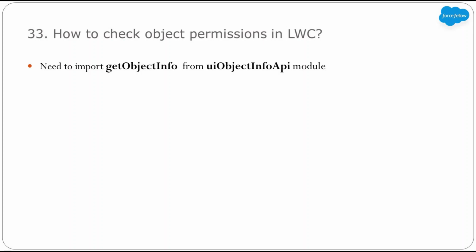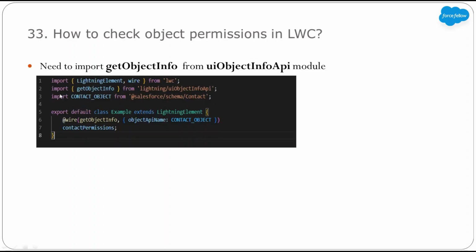We need to import getObjectInfo from the uiObjectInfoApi module. With this imported method, we will get everything related to that object. In this image, on line number 2, I'm importing the getObjectInfo method from the uiObjectInfoApi module.